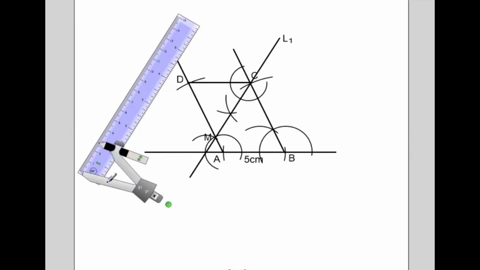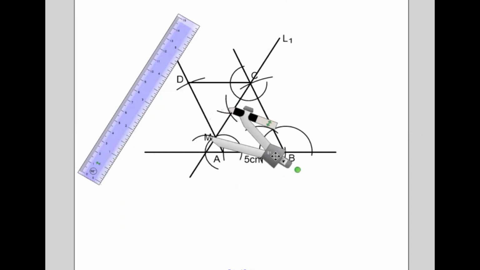Okay. So we come back here. With M as center, compass radius 2.7, we mark point O. That's the midpoint of line CM.